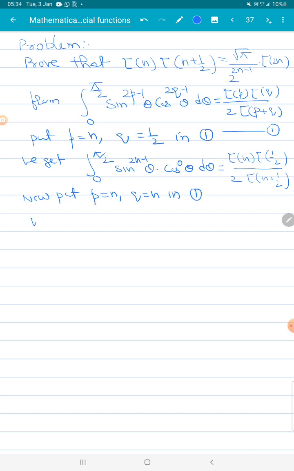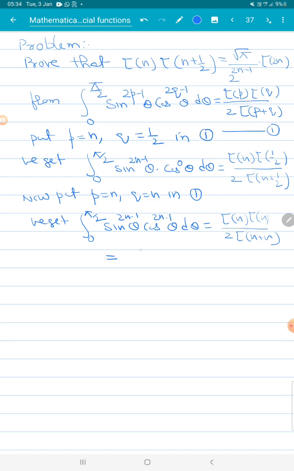Then we get integration 0 to pi by 2 of sine to the power of 2n minus 1 theta cos to the power of 2n minus 1 theta d theta is equal to gamma n into gamma n by 2 into gamma of n plus n, that is gamma n whole square by 2 into gamma of 2n.